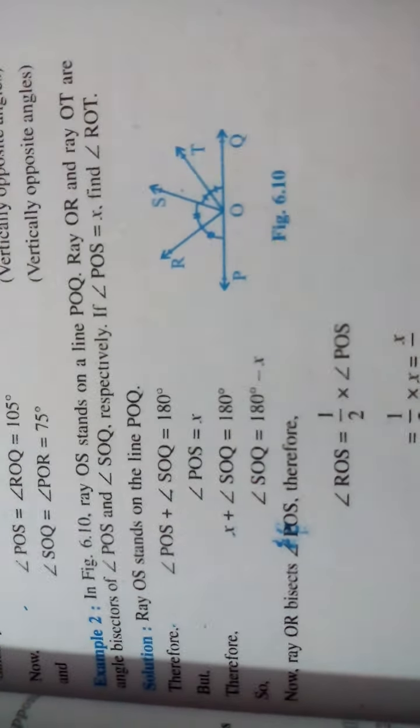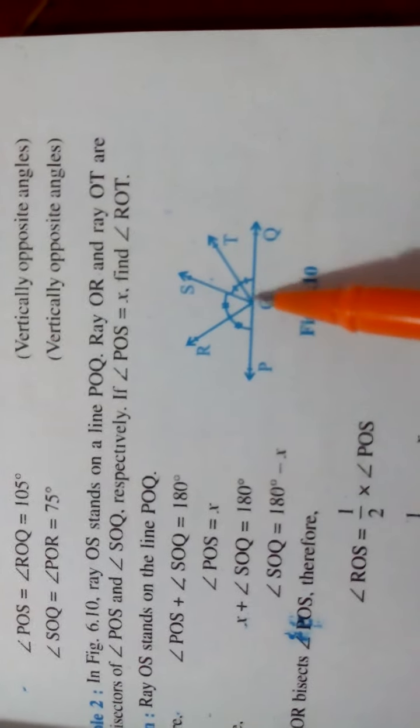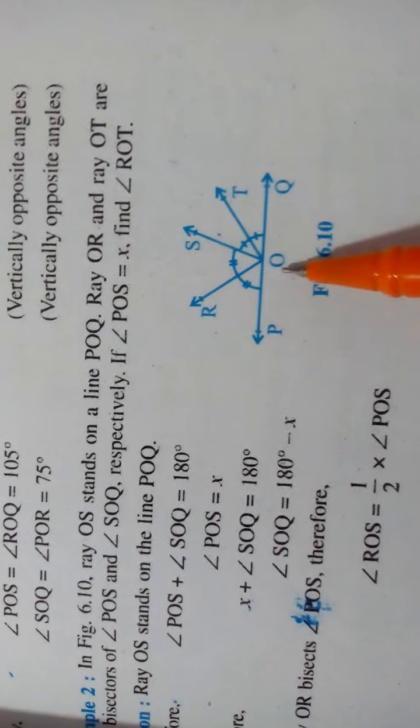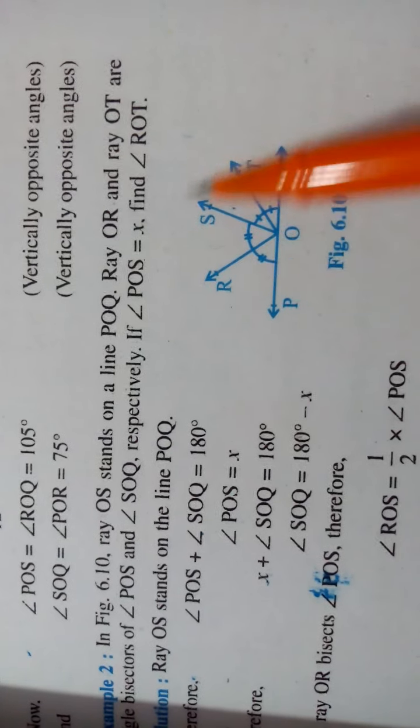The second example is given here. In the figure, OS stands on the line PQ, and OT and OR are the angle bisectors. Angle POS is given as x degrees, find ROT.